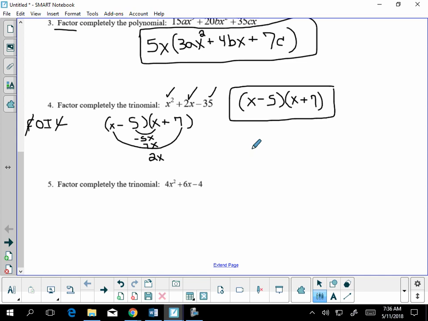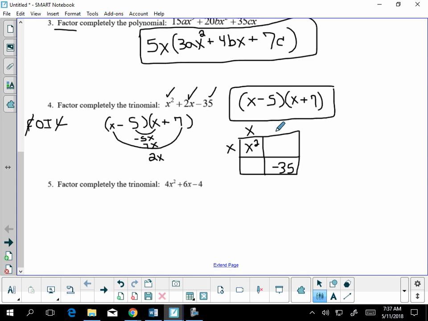Oh, I said I was going to show you a second method. It's kind of the reverse of the box method. So what you have to do, just make your little box. We have x squared plus 2x minus 35. Well, we know we have an x squared right there, and we've got a negative 35 right here. So the only way you can get x squared is x times x.